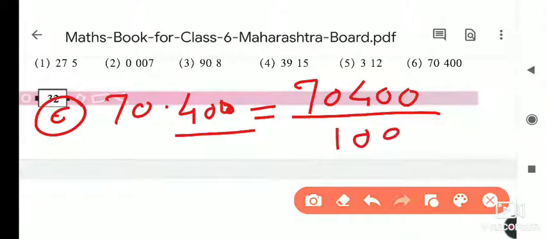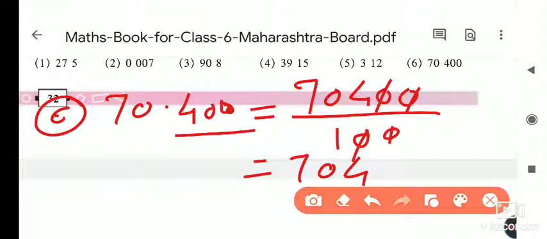So here you write 1000. Or instead of this, the zeros get cancelled with the zeros. So its answer may be 704. Okay, so in this way you can solve these examples.